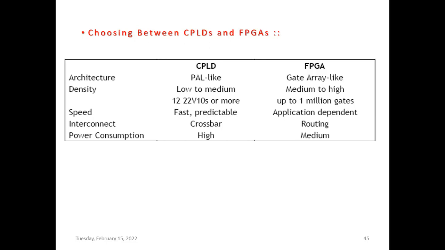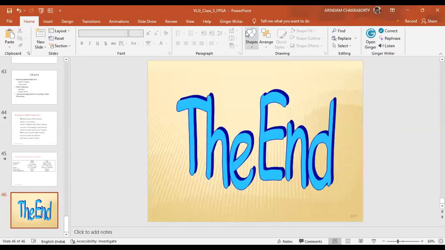FPGA is a more planned circuit, planned and blank, but the CPLD is not as planned as the FPGA. Clear? That is why the power consumption is high compared to the FPGA. So that's all about the FPGA history, geography, everything. Do you have any questions, guys? Response.